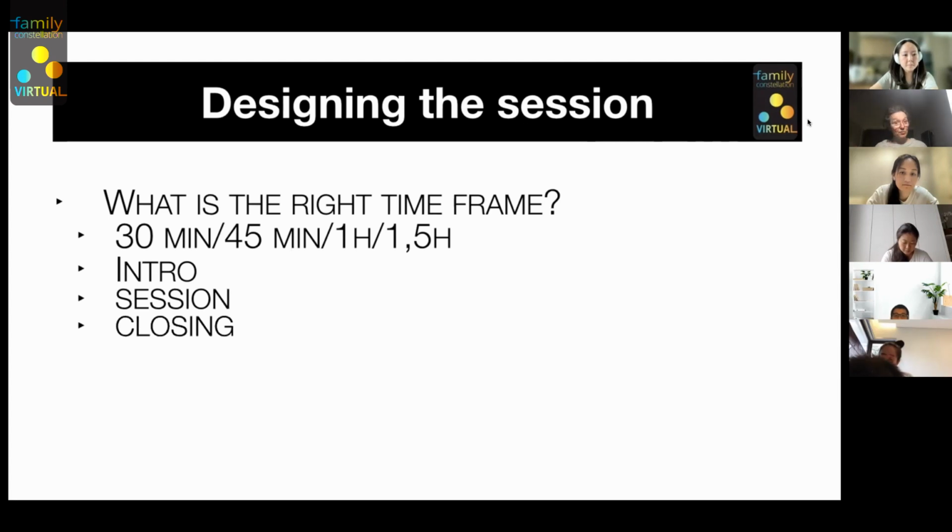And the closing can be a ritual. You can create any kind of ritual you want in closing, as long as it's not too esoteric. So, you know, with feathers and smoke of white sage and stuff like this. This is probably getting a little bit astray and afar from what we do in family constellation.